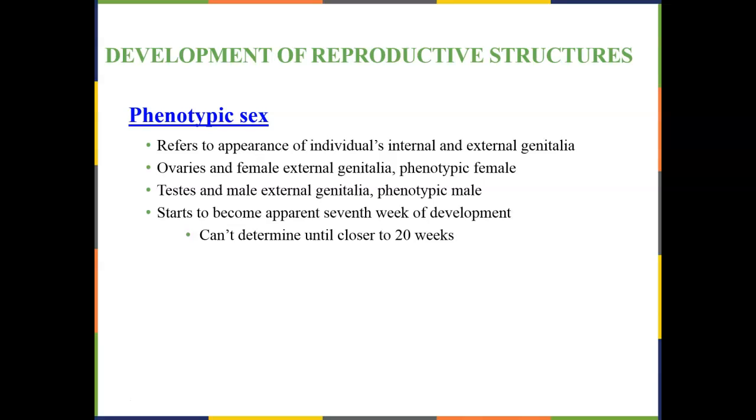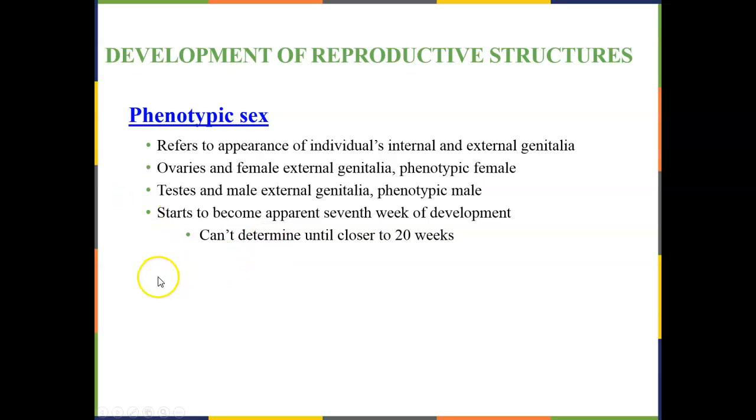This can usually be determined by around week 20, but it won't become apparent until after week 7, because that's when the gene on the Y chromosome that produces testosterone gets activated, which we'll talk about in a little bit.